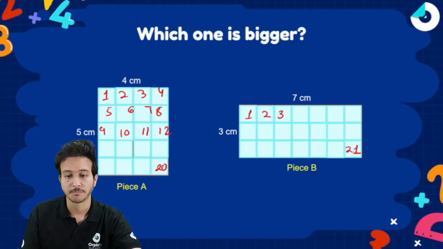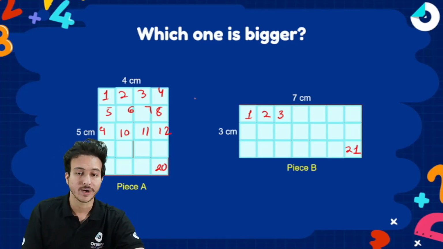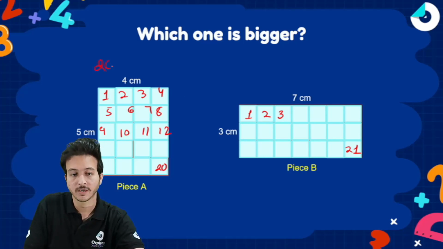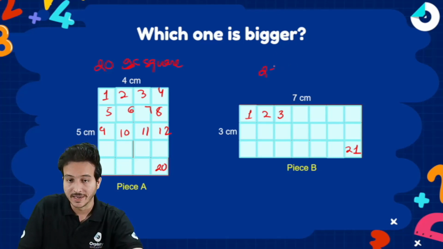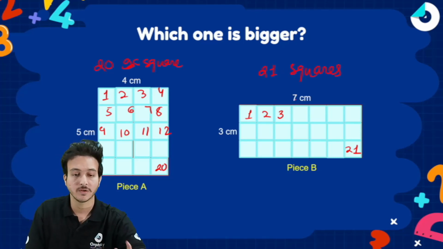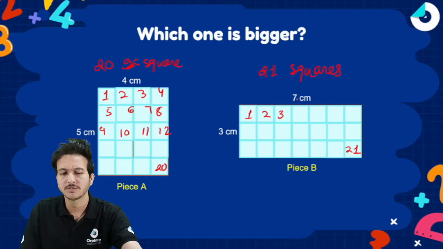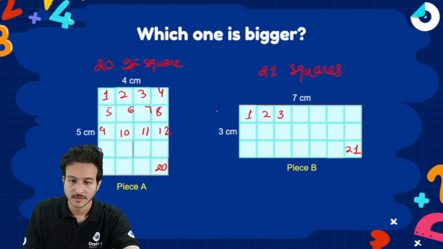So covering piece A completely needs 20 squares, while covering piece B needs 21, and because the squares needed to completely cover piece B are greater, obviously piece B is bigger.